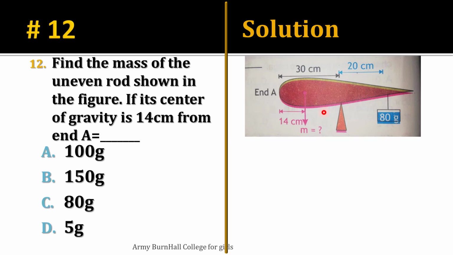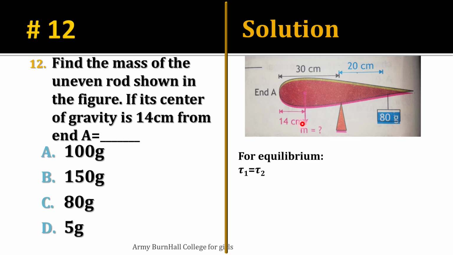Again over here we have to apply the second condition of equilibrium to calculate this mass. We will take the sum of all the torques equal to 0, or you can say the sum of clockwise torques is equal to the sum of anti-clockwise torques. With that we will calculate the mass. For equilibrium, tau 1 should be equal to tau 2.